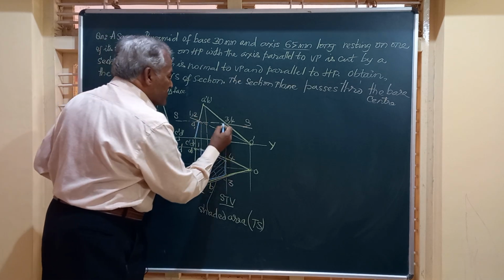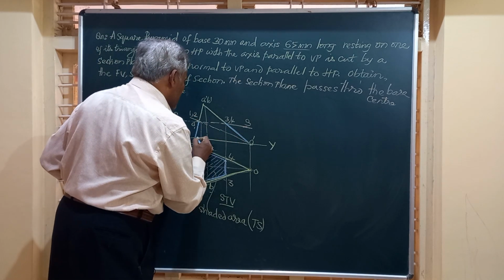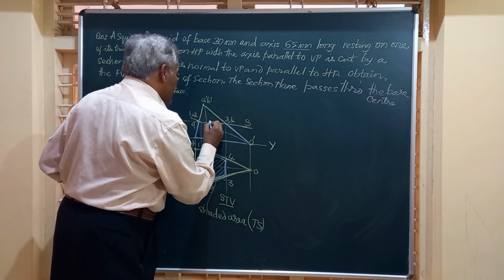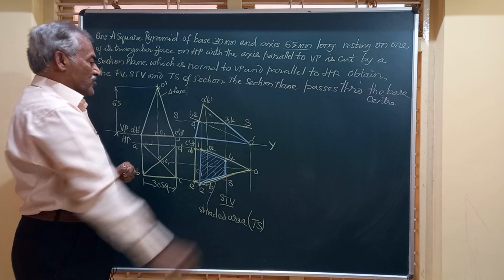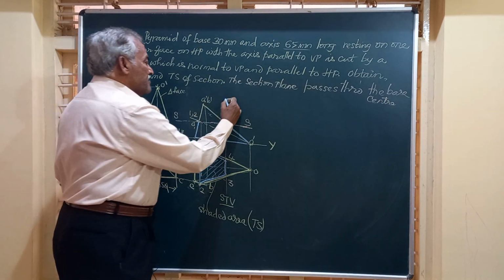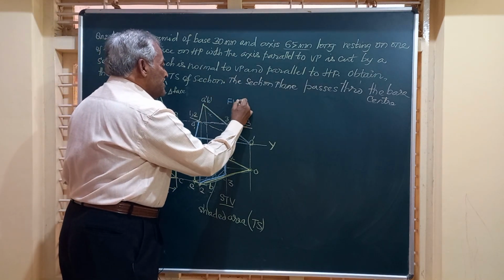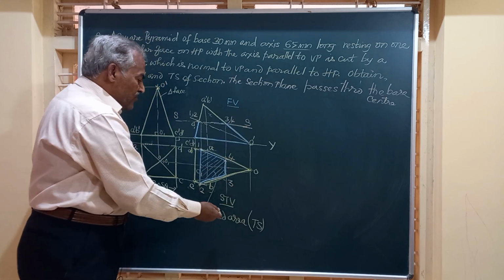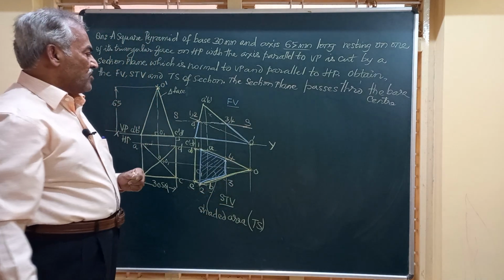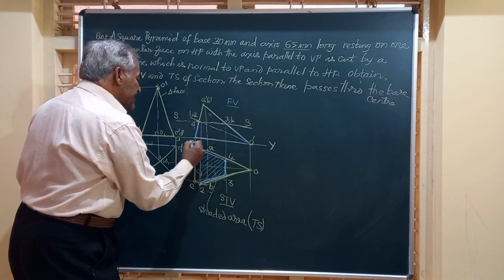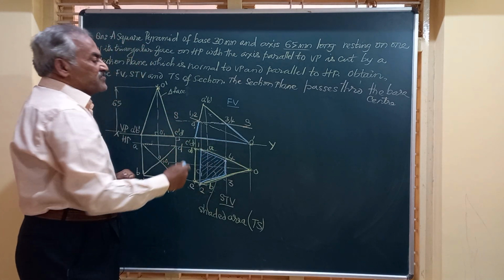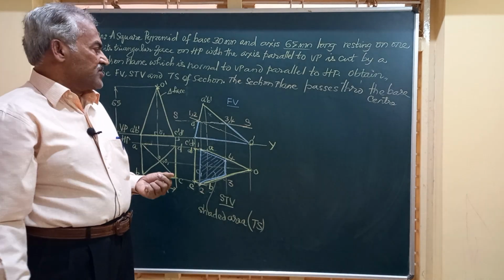So this I am going to show by visible lines. This is visible lines and this by visible line. This portion above this is removed. Friends, this figure represents the front view of the solid. This is the top view with the section, that is sectional top view, and the pyramid is resting on OCD. OCD is one of the triangular faces on HP.